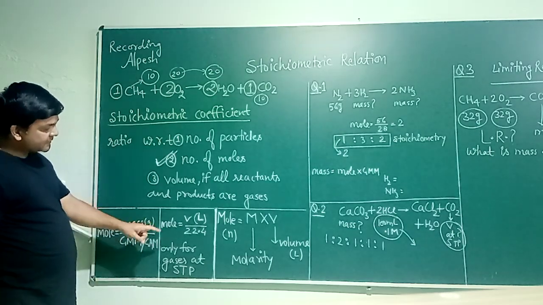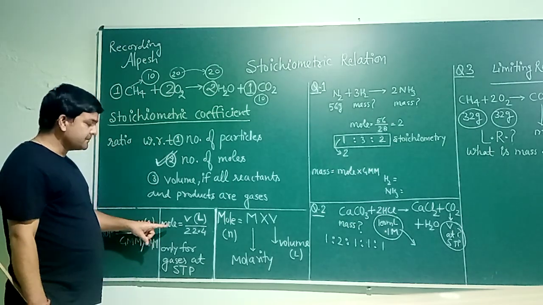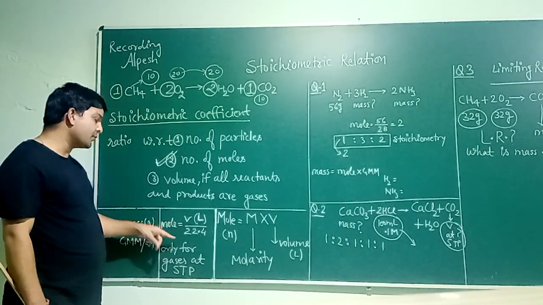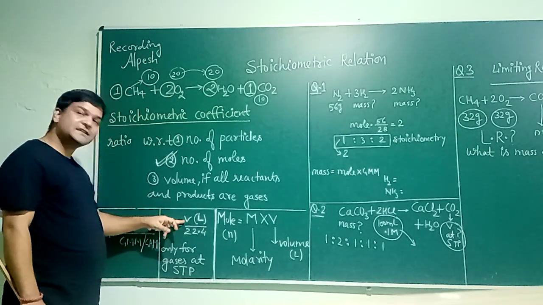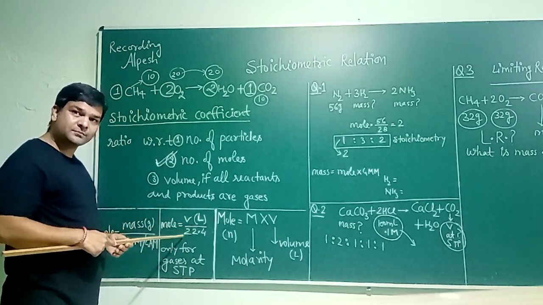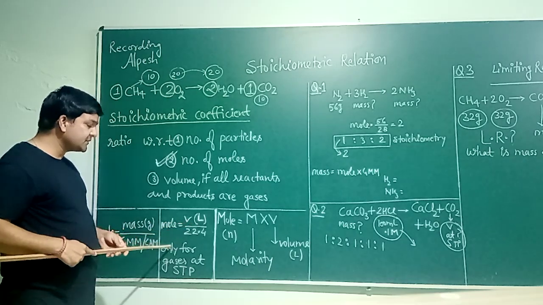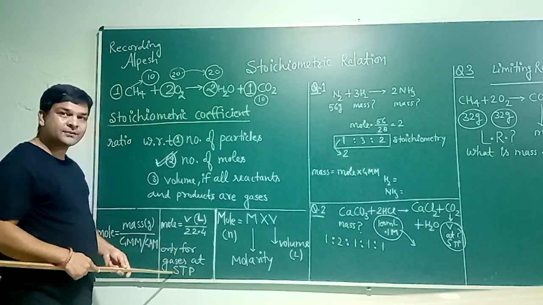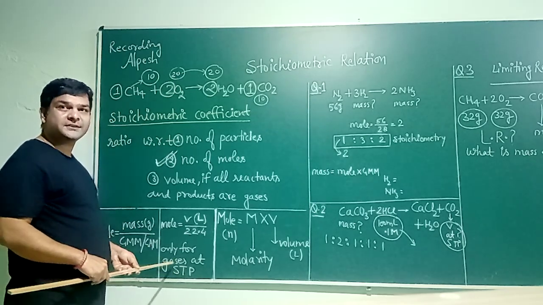The second possible formula to calculate number of moles: moles equals volume divided by 22.4. Here volume must be in liter, and there are two conditions for this formula. One, this is used only for gases, and second, it is applicable only at standard temperature and pressure.